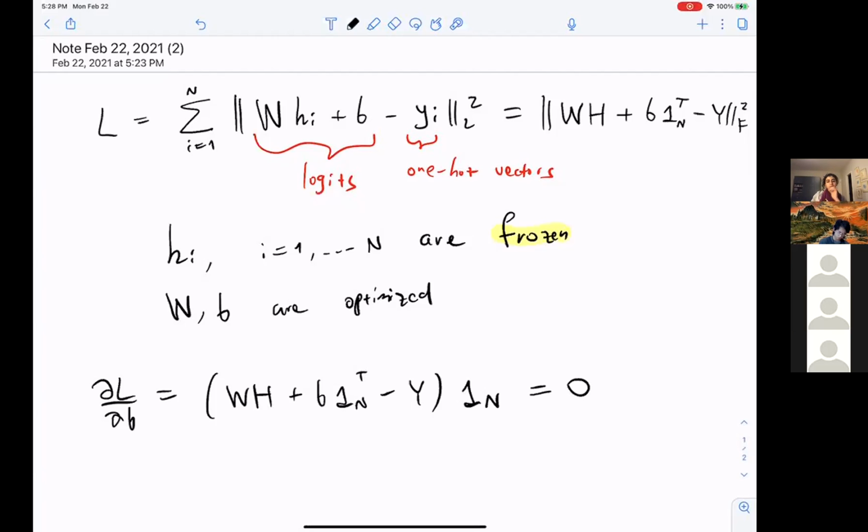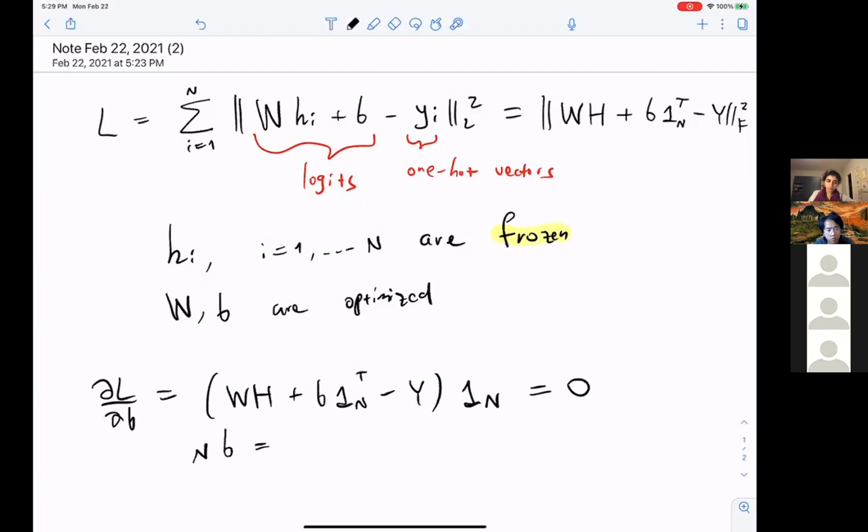Now, notice that this gives us the following equation. b multiplied by 1_n transpose 1_n. So what does 1_n transpose 1_n give us? It's just n, that is correct.